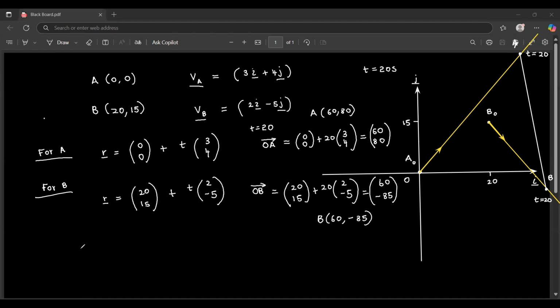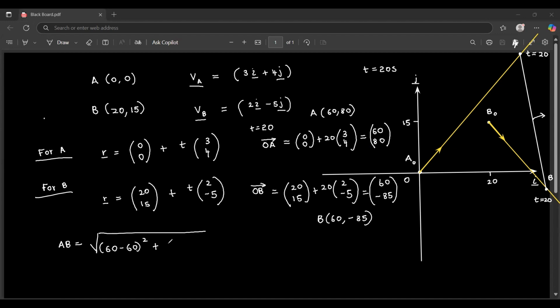So to find the length AB, AB is equal to the square root of (60 minus 60) squared plus (80 minus minus 85) squared. The i coordinates are the same, that's a nice coincidence.